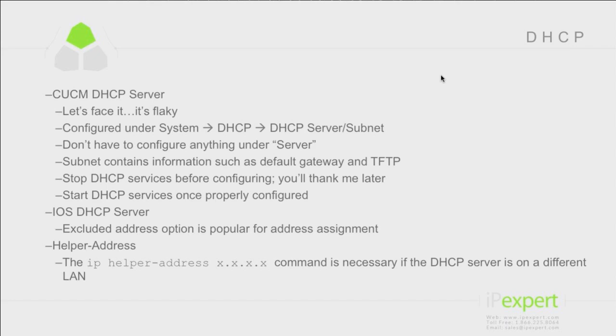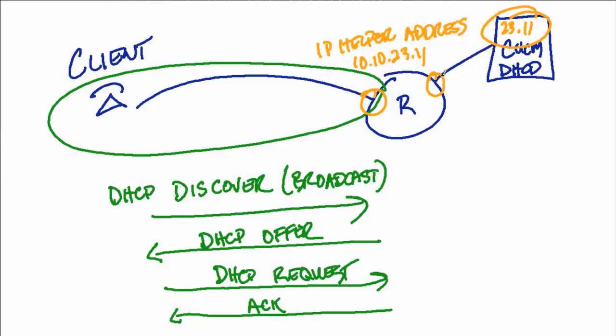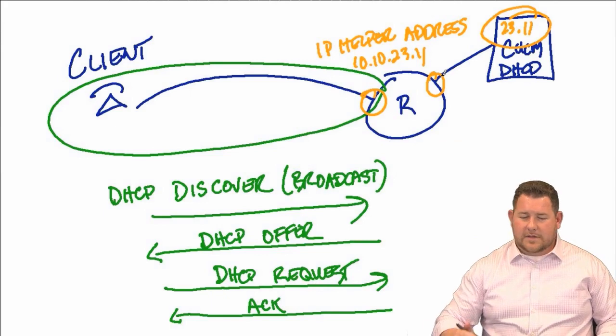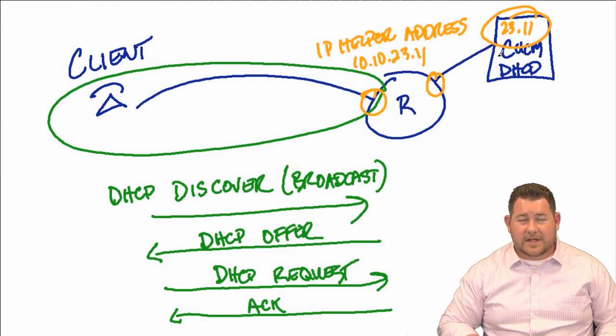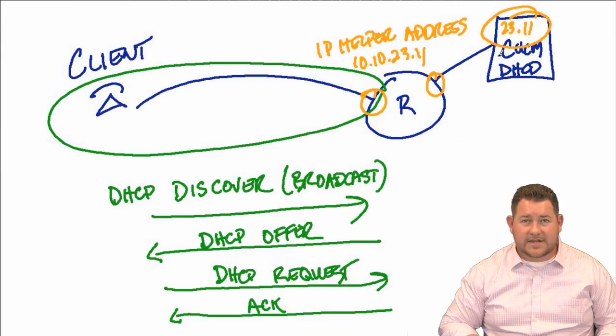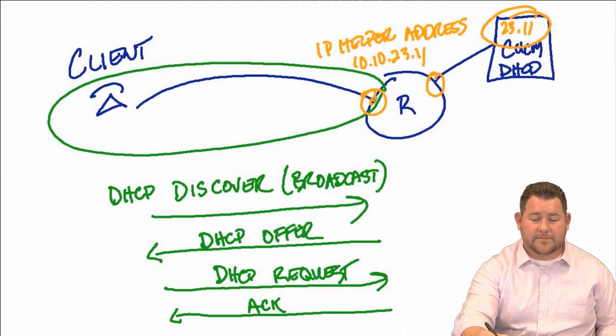Of course, if it's on a different place somewhere, then you have to make sure that helper address command is in there. So this CUCM server then is going to be the DHCP server for this client, provided that it has the IP address that is in that subnet of this interface here.